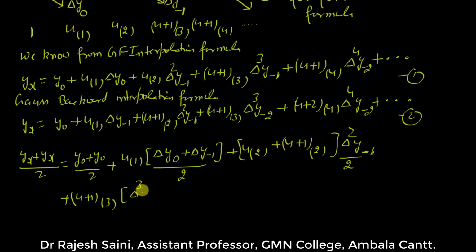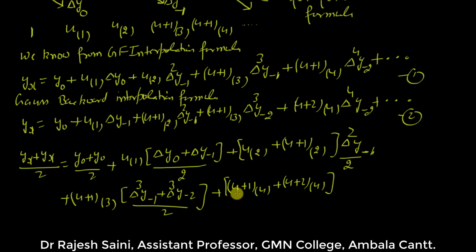This will be delta cube y minus 1 plus delta cube y minus 2 by 2, plus u plus 1 subscript 4 plus u plus 2 subscript 4, outside is delta 4 y minus 2 and divided by 2.